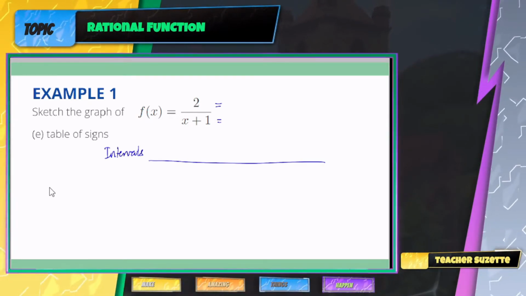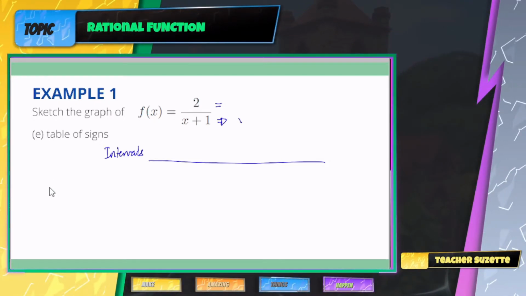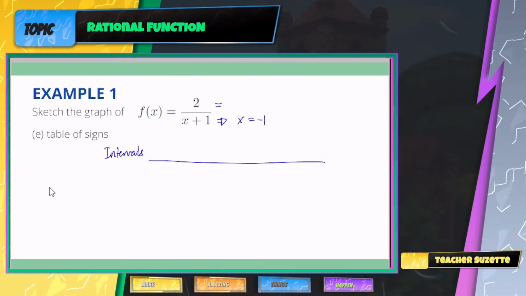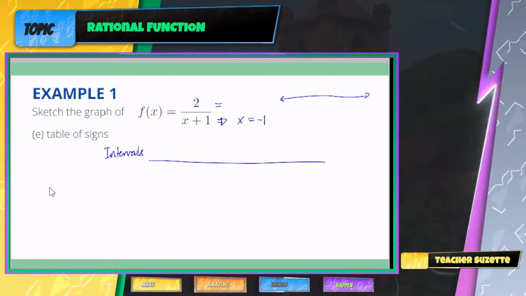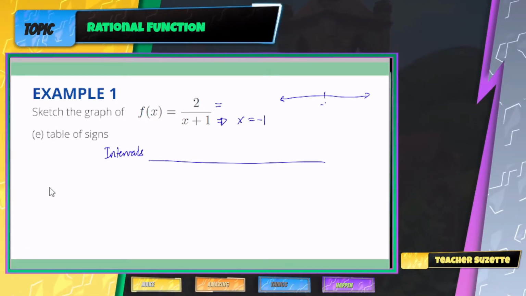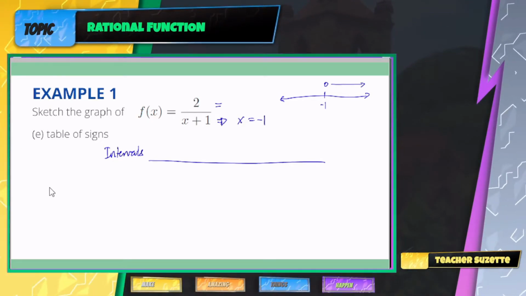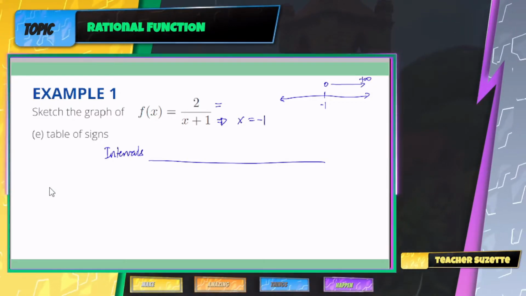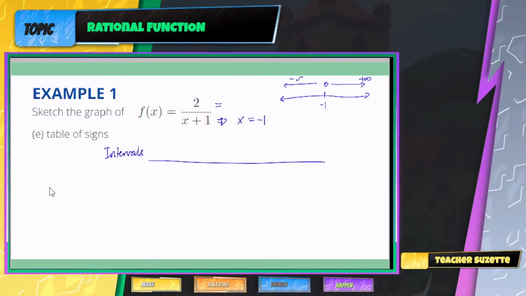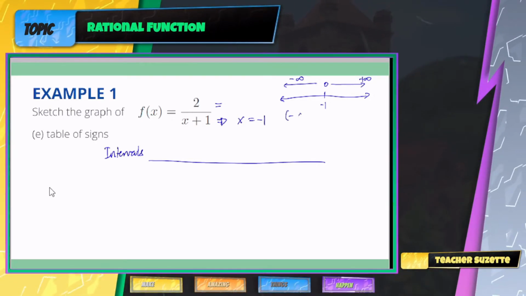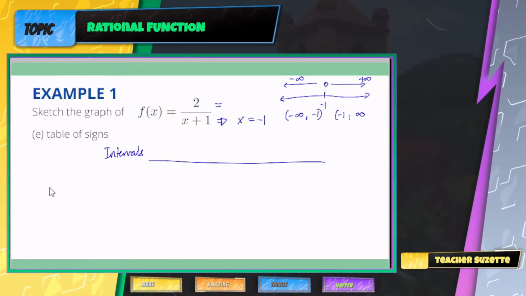And x plus 1, pag in-equate natin yan, magiging x is equal to negative 1. Kanina pa natin na-solve yan. So, di na lang pinakita ni ma'am yung solving. So, ibig sabihin po nito, yung interval natin at specific negative 1, ayan, dyan sa negative 1 na yan, we have to represent the interval from negative infinity to negative 1, and negative 1 to positive infinity.